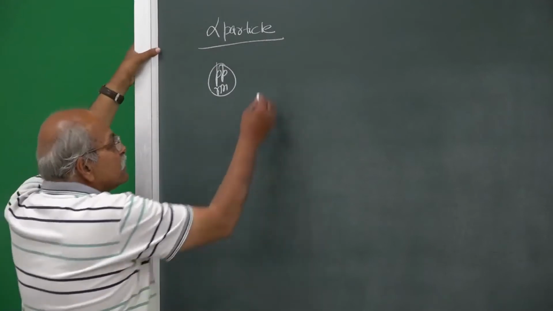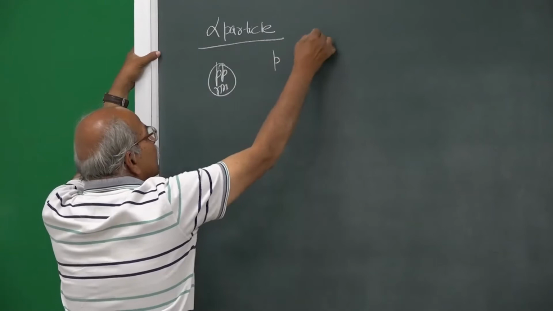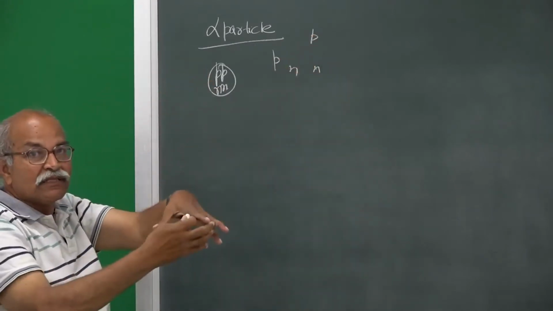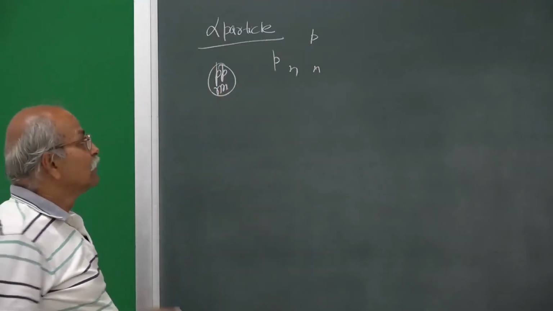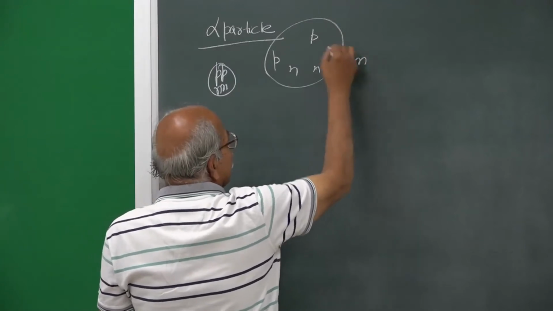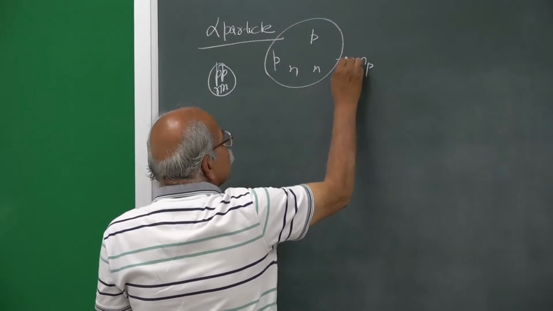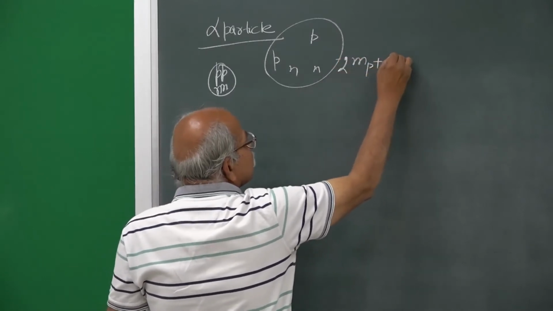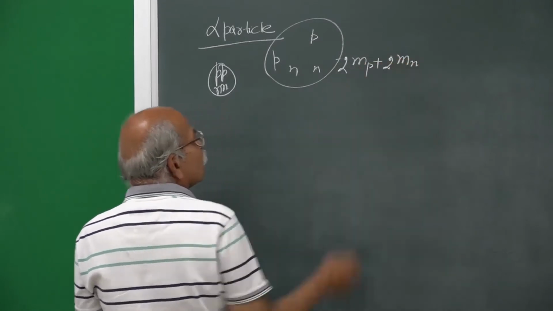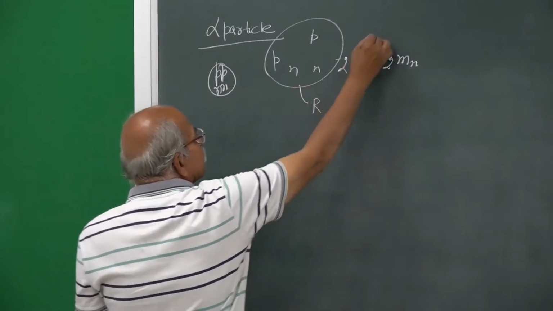Now, if you consider the 4 particles separately, P, P, N, N, not in a nucleus but separated from each other, what is the rest mass here? The rest mass here will be the rest mass of proton times 2 plus the rest mass of neutron times 2, or the rest mass energy if you write it in this combination.